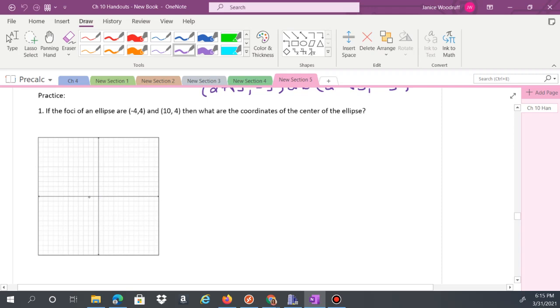Okay. 1, 2, 3, 4 and 1, 2, 3, 4, 5, 6, 7, 8, 9, 10, 1, 2, 3, 4. So we want the center. If those are the foci, the center is going to be right in between. So how many are in between? 14. Yeah, 10 minus -4 you would get 14 as the difference, which divided by 2 would be 7. So 1, 2, 3, 4, 5, 6, 7. There's your middle point right there, and that is 3, 4.